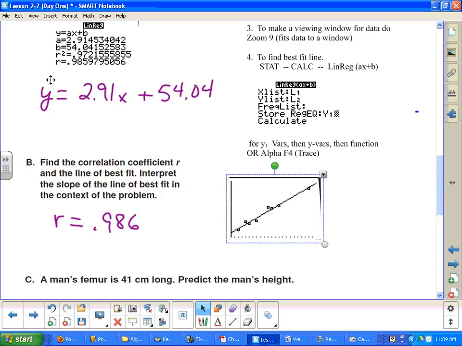Okay, does anybody not have R show up on their calculator? Now hit graph.